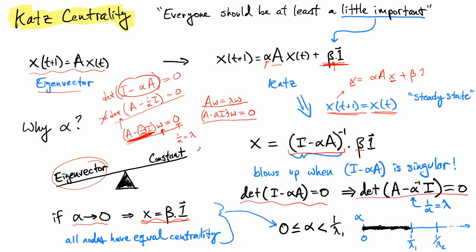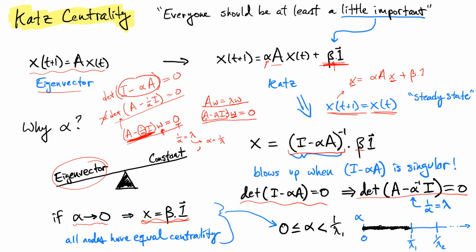So they're defined to satisfy this equation. That means that lambda is a value that makes this matrix singular, and w is the vector that annihilates it. And so since we're using the same matrix A, we can pick alpha, the other way to write this is that we say alpha is equal to 1 over lambda.